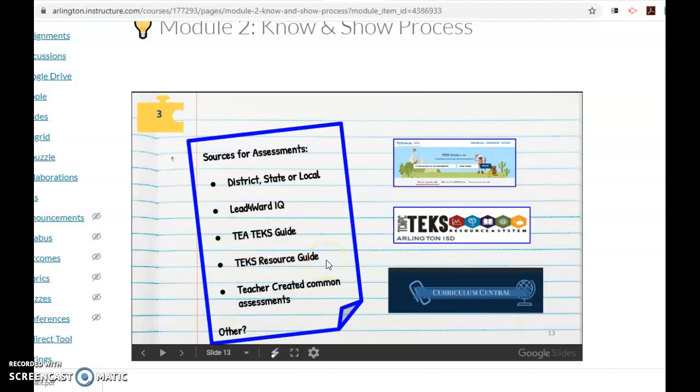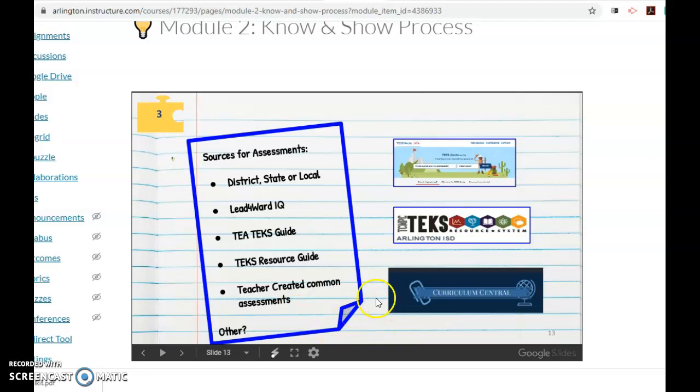The TEKS resource guide has sample questions that are STAAR released. And you probably have a bank of teacher-created common assessments for your grade level that we would urge you to analyze for previous misconceptions, for successes, that you can add that information to your chart.